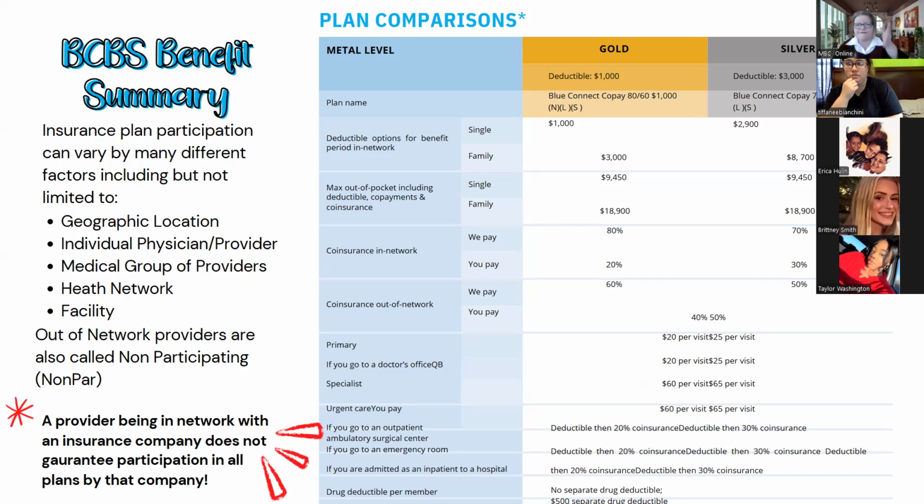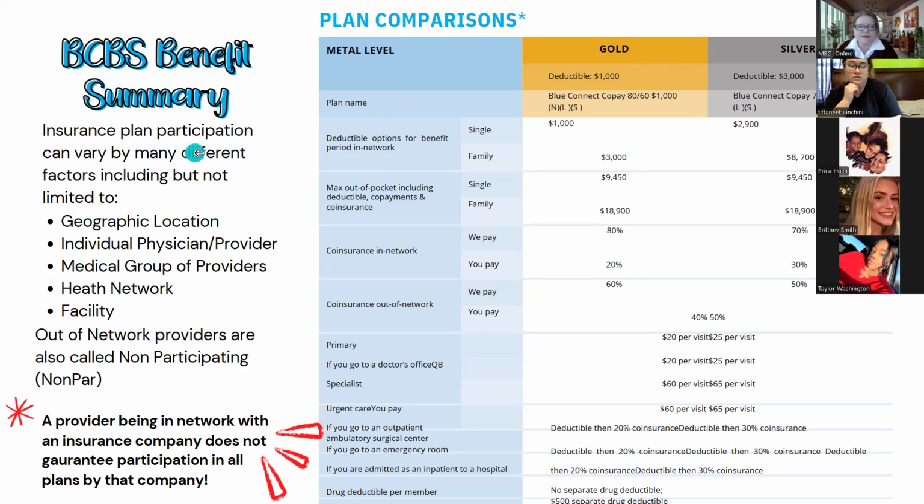They have different levels of plans. As y'all can see on here, this was a Blue Cross Blue Shield benefit summary that I just pulled off of online. This is not person specific. This was just what they're offering the average Joe that goes to their website looking for insurance coverage. This is what they're going to pull up. And this is probably a year old. I think I did this slide last year.